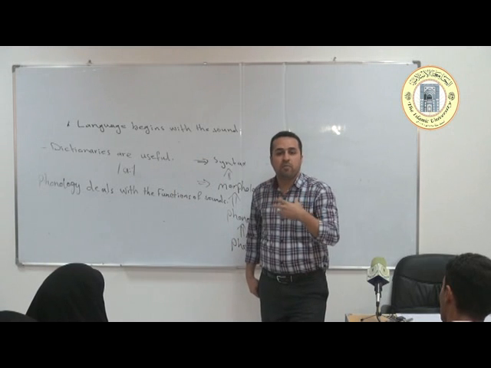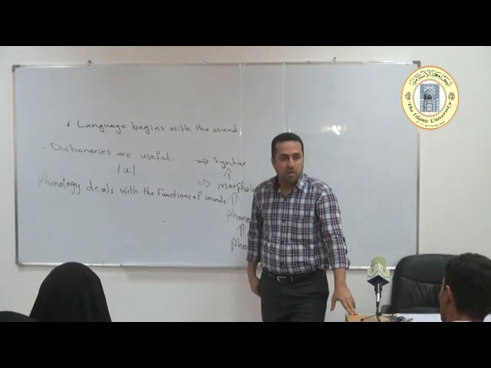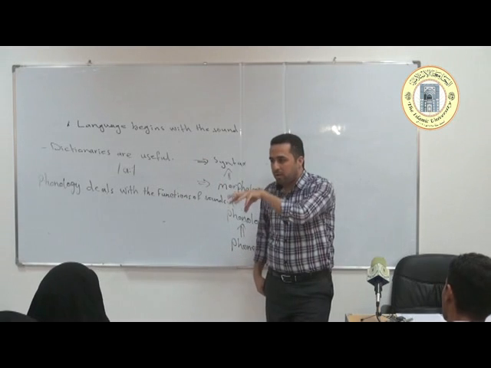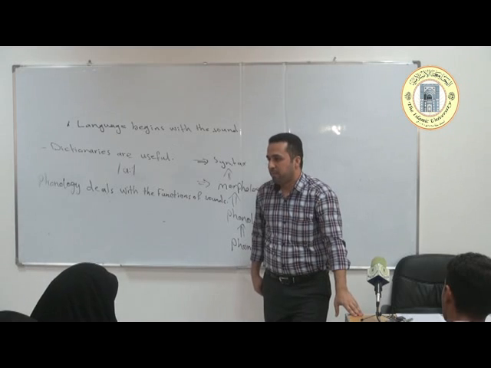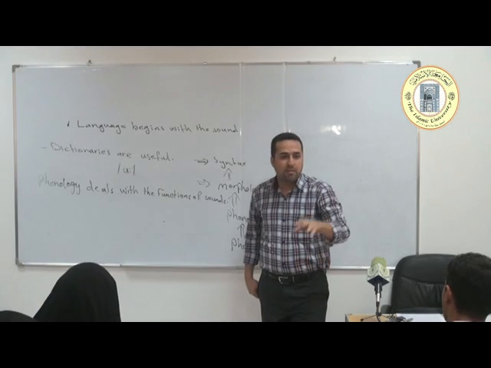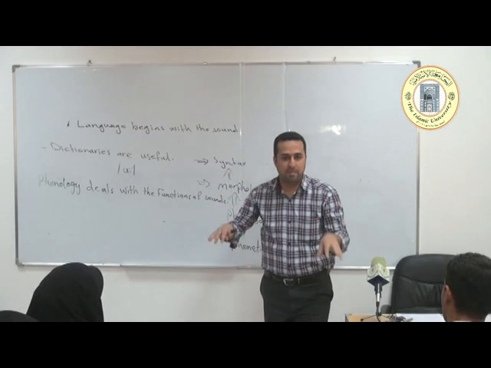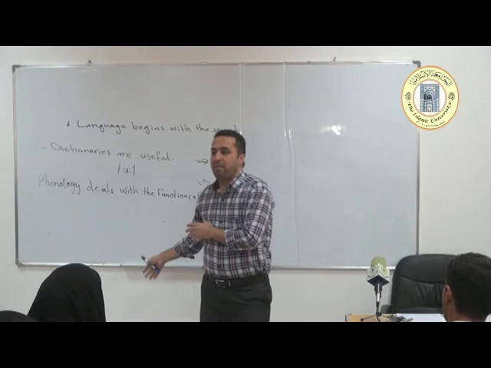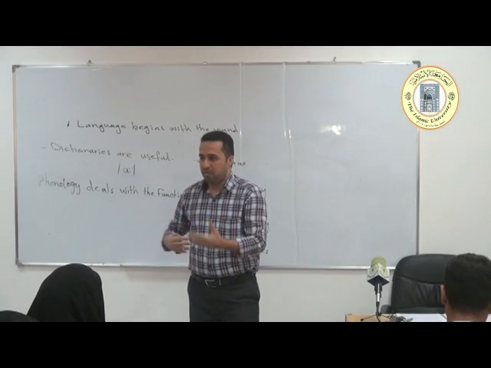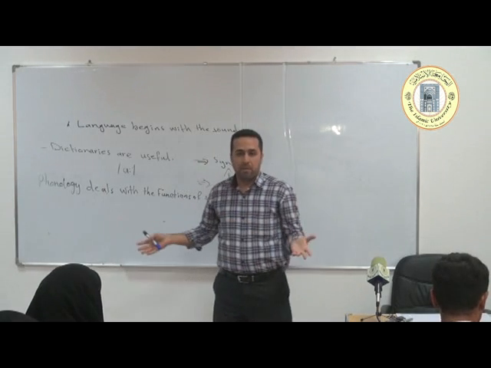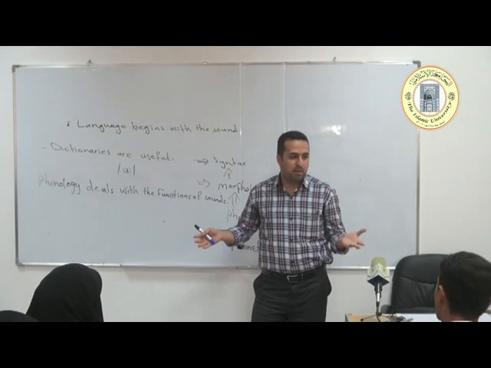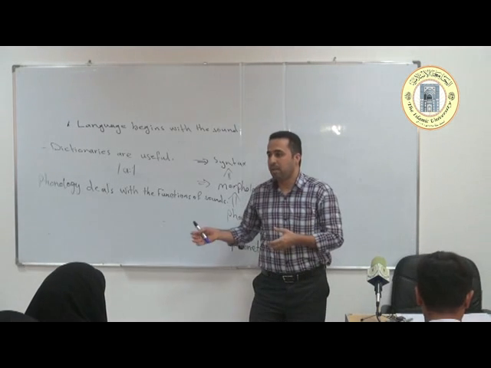Because there is some kind of obstruction to the airflow. So each consonant sound has its own way of production. Okay? So it's very easy to distinguish them. Unlike the vowels. Vowels are very difficult to distinguish because there is no obstruction to the airflow. They are produced in almost the same way.